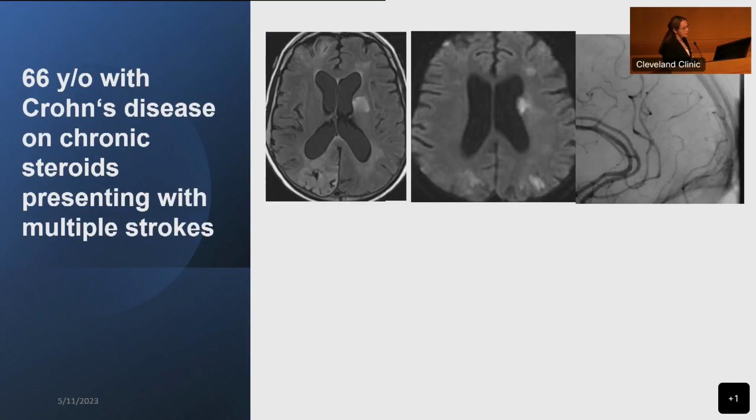And this is his MRIs that show multiple areas of infarction, and on his vascular imaging, the angiogram, there are multiple areas of stenosis and dilatation in multiple vascular beds. So the question that was posed to the team is, is this CNS vasculitis? This is a patient with Crohn's, which can sometimes cause vasculitis, and you have vascular imaging that shows possible vascular involvement and an abnormal CSF.